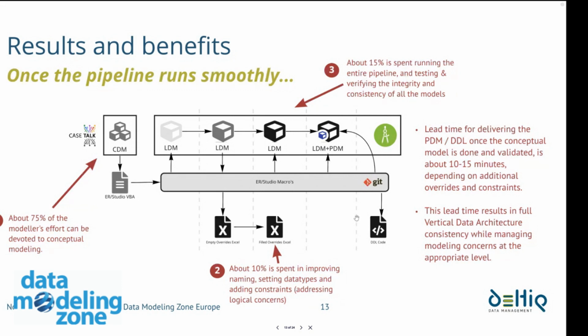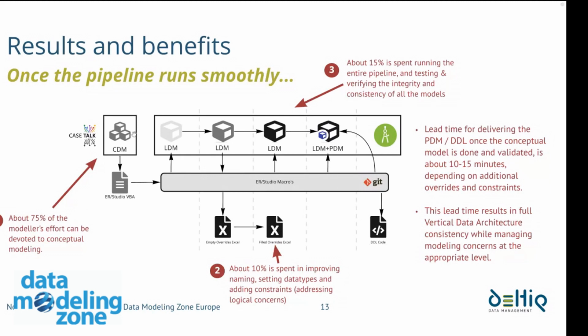And we think this is, as I said, a rather important benefit and achievement, because not only does it allow us to spend most of our time on the conceptual modeling, but it also allows us to maintain consistency between all the different kinds of models, something which we also tend to call vertical data architecture.